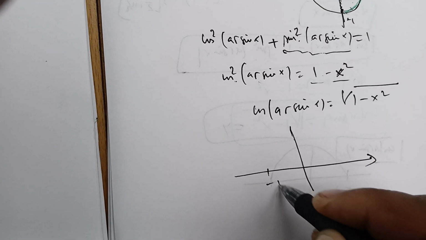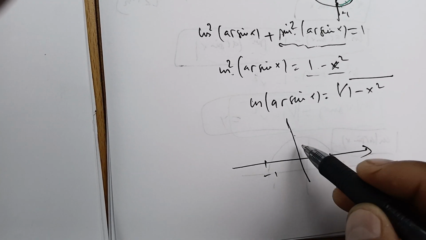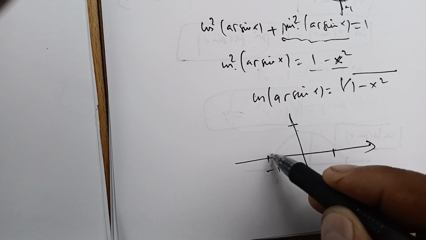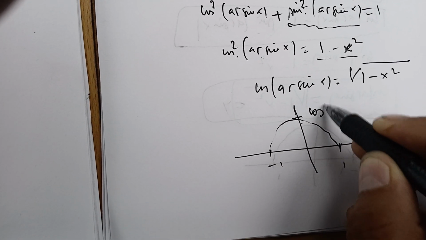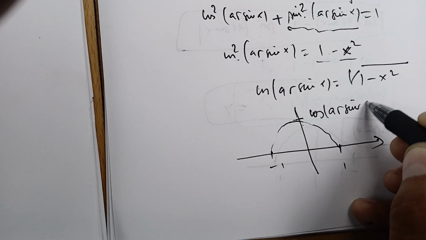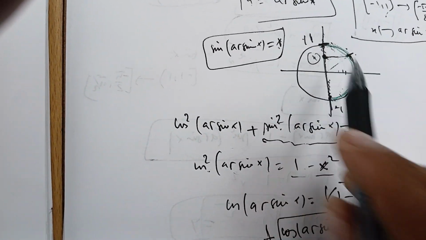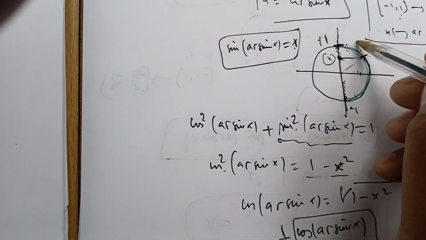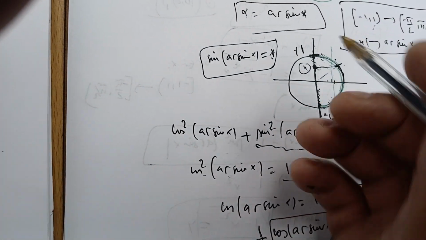My domain is minus 1 to 1, and it has radius 1. So this is my graph of cosine arcsine of x. We are not used to graphing something like this, because you have to tilt your head to see it.